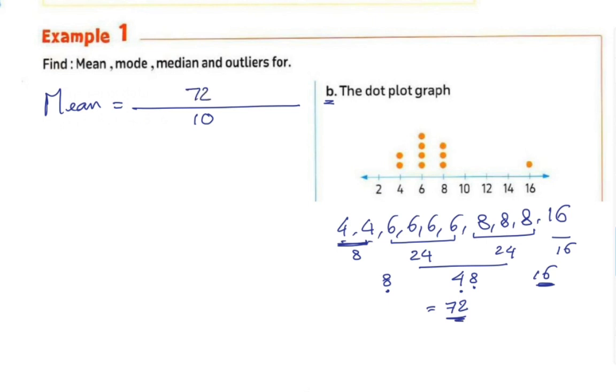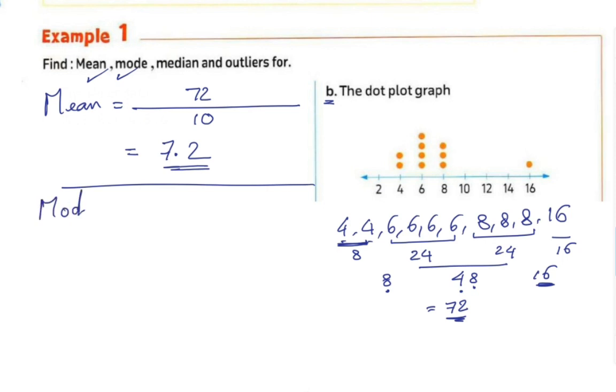Now we have 72 as the sum of all values. Now the mean equals 72 over 10. 72 is not divisible by 10, so I will make it a decimal number, so it's 7.2. That's the mean value. Now I need to find the mode.